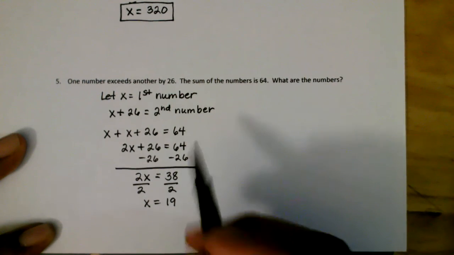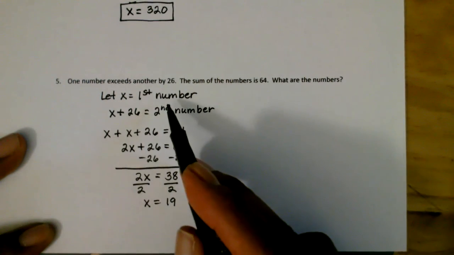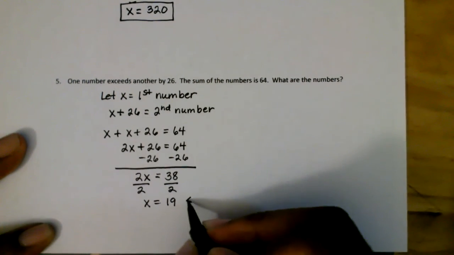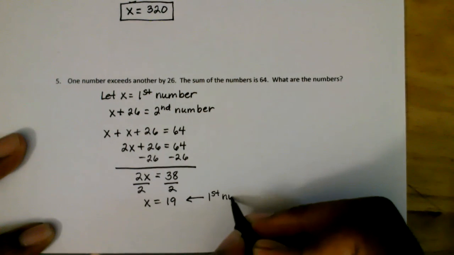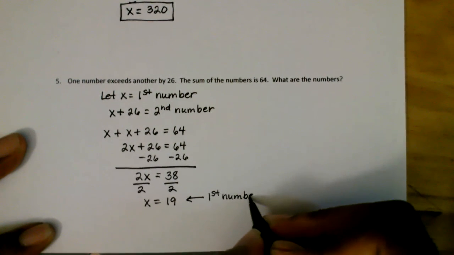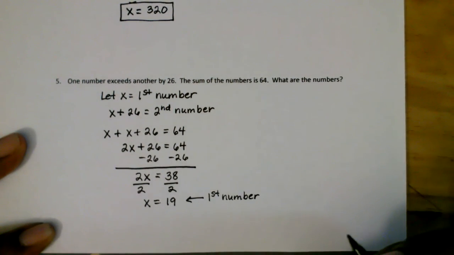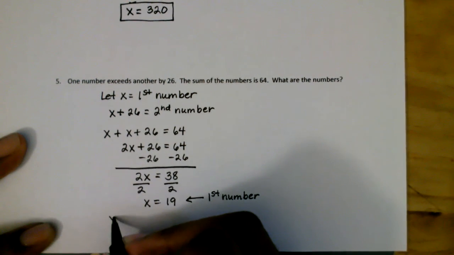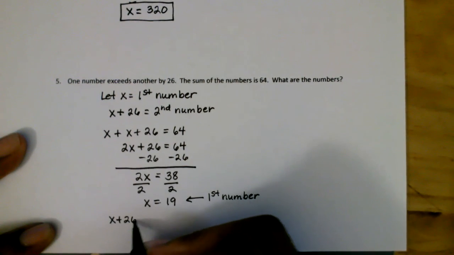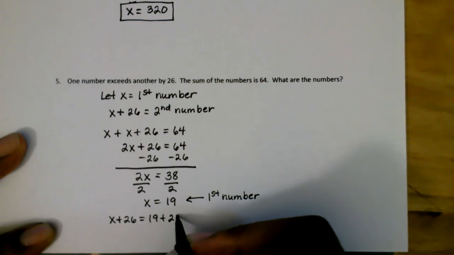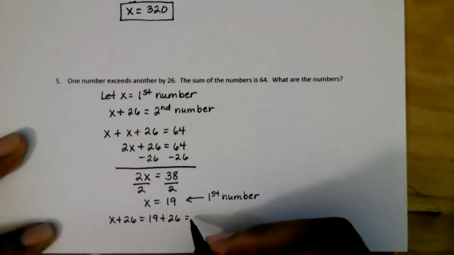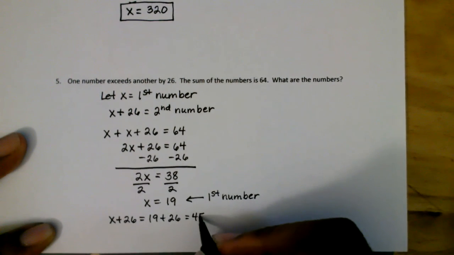Now I'm going to stop right there because X equals 19. That's just the first number. The question is, what are the numbers? So I need to find the first. I found the first number. I also need to find out what the second number is. Well, the second number is represented by X plus 26. So if I do 19 plus 26, this will give me 45.